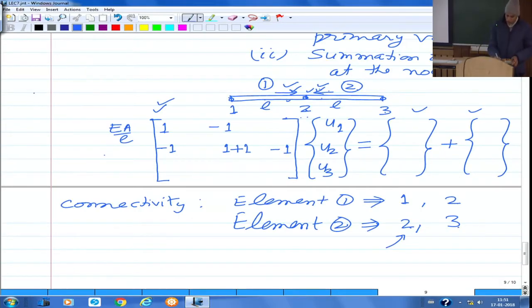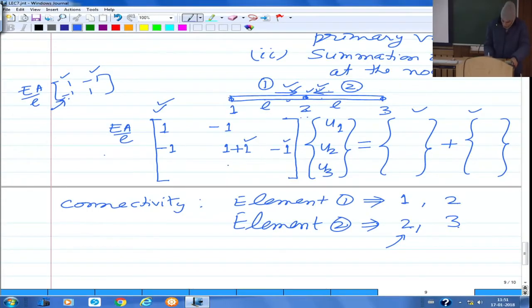If you look at the structure of the element level stiffness matrix, which is EA by L times 1, -1, -1 and 1, this is what I am talking about. For the second element, this is the first row second column, and it is added here. Then you take the second row: the second row first column will go to the second row second column here.